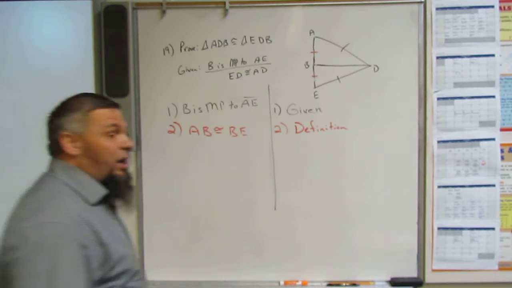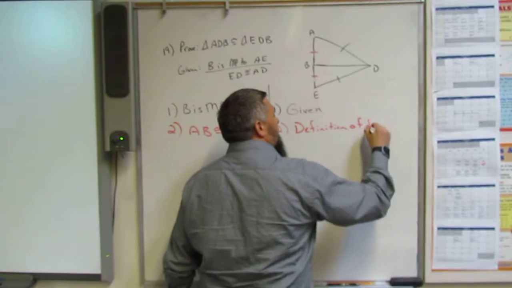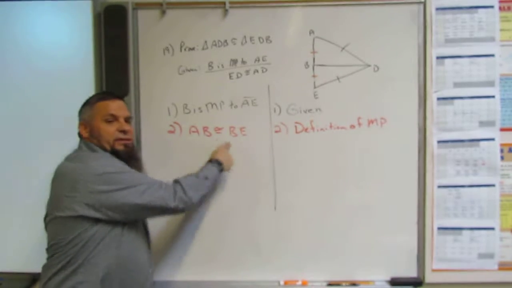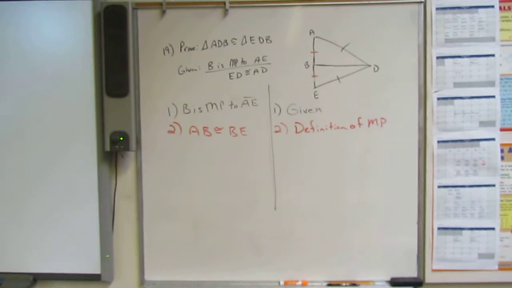The definition of what? The definition of a midpoint allows me to say that these are equal, or that they are congruent. Does that make sense? Okay? And so then we move on to the next one.